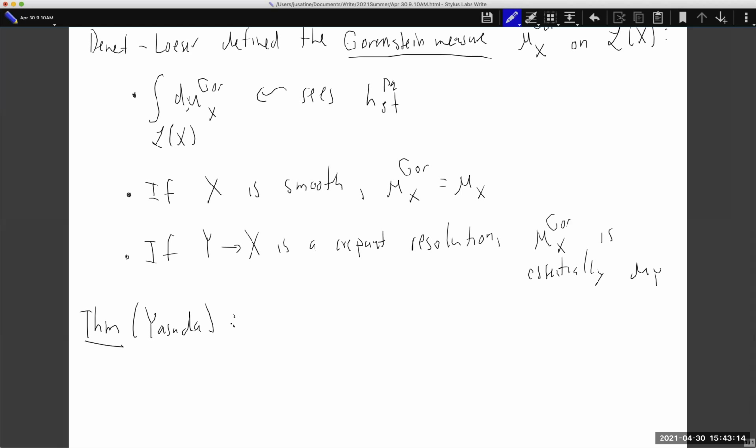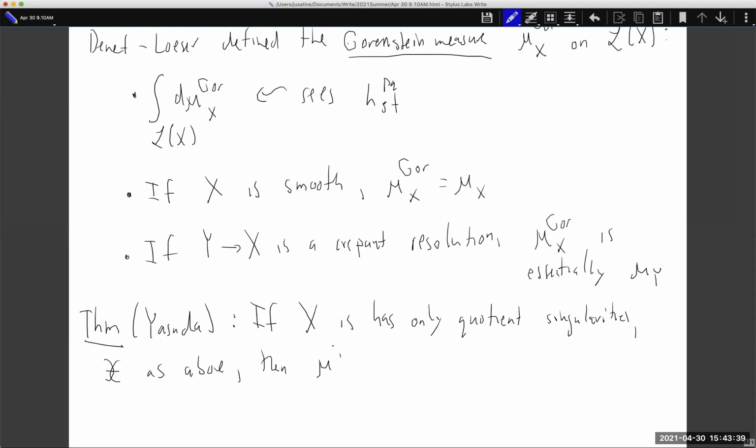His result about stringy Hodge numbers was really a consequence of the following theorem: if X has only quotient singularities, and calligraphic X is the canonical smooth Deligne-Mumford stack structure that you can put over it, then the Gorenstein measure of X, which I said is a refinement of the stringy Hodge numbers, is essentially an orbifold version of a motivic measure on this stack.